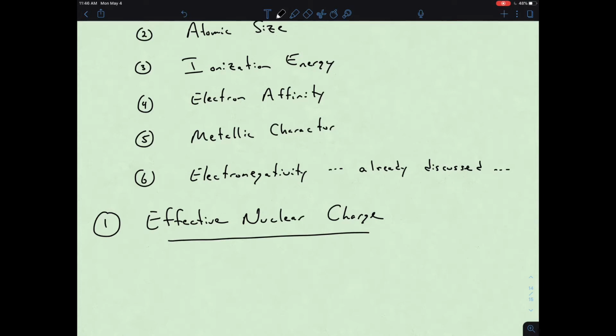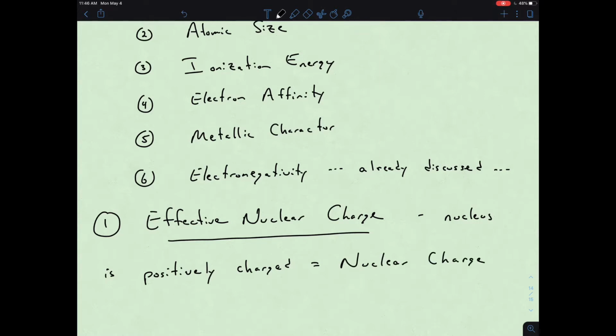So the first thing that we have to understand is that the nucleus is positive. I hope we all know that. Or it's positively charged. That's equal to its nuclear charge, the number of protons.